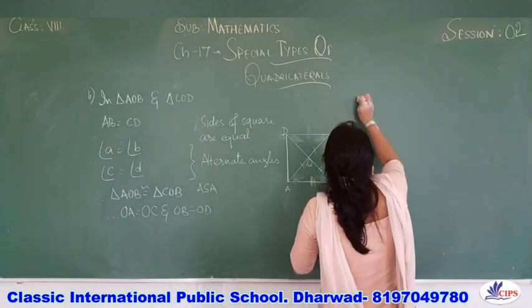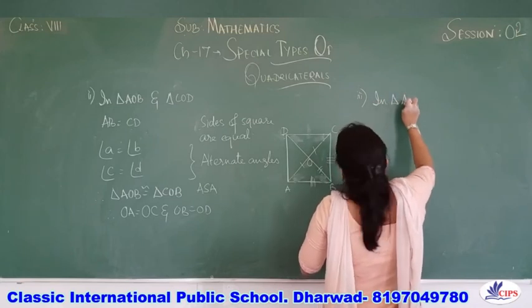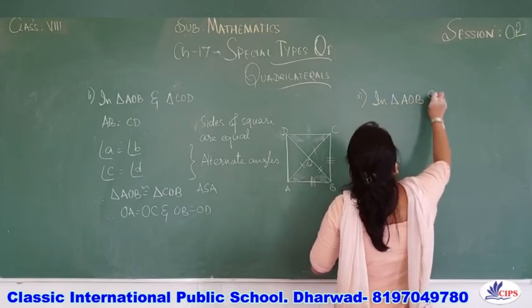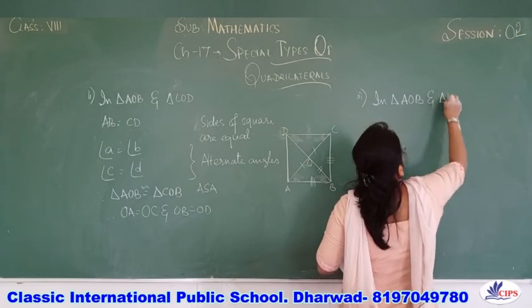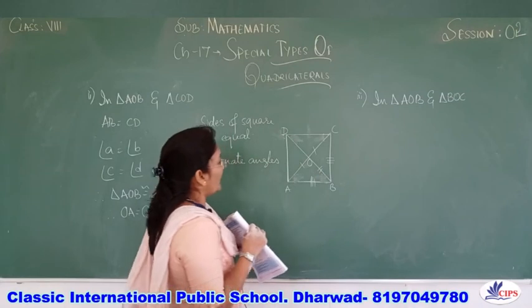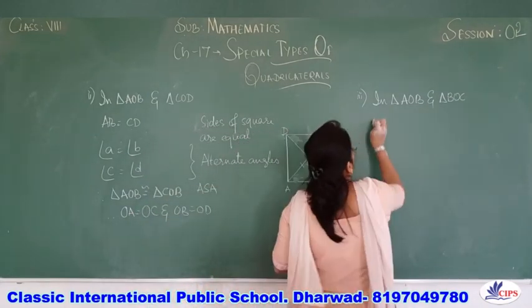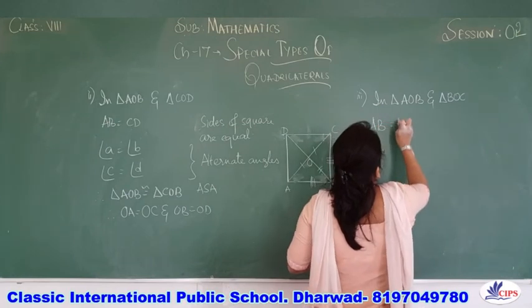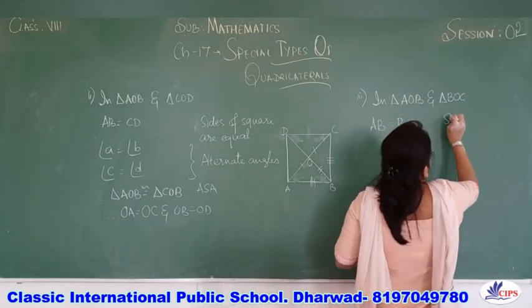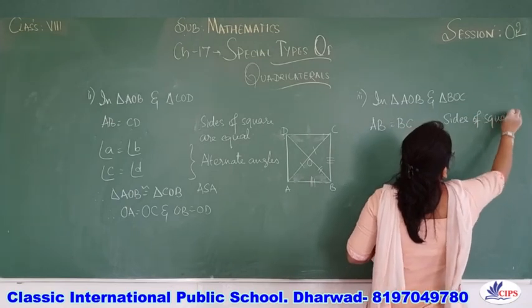So we will consider triangle AOB and triangle BOC. In triangles AOB and BOC, AB is equal to BC, because sides of a square are equal.